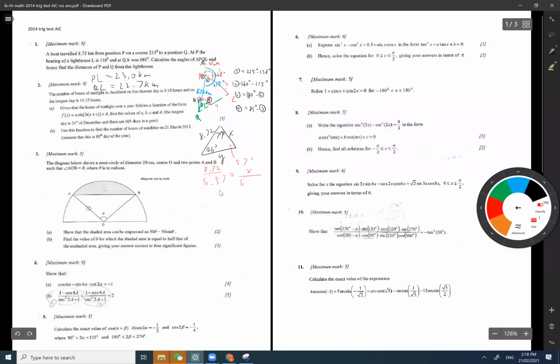X over sine 46. Oh, this is just 8 something km. You cannot have 20s. Andrew, what's your answer? PL.